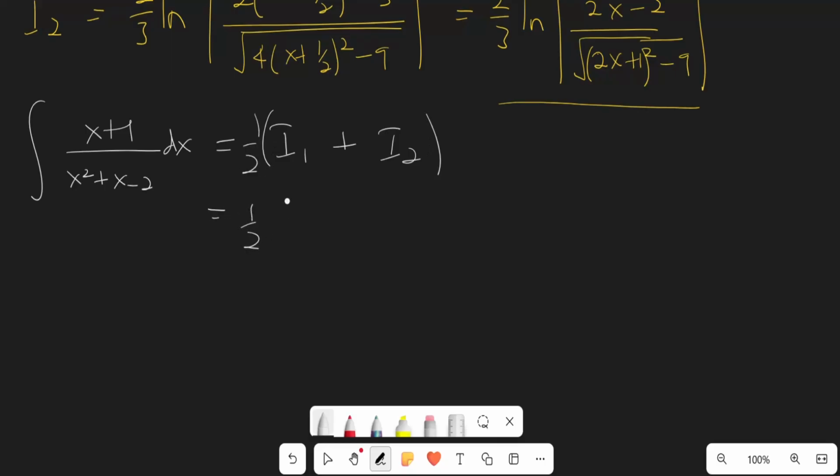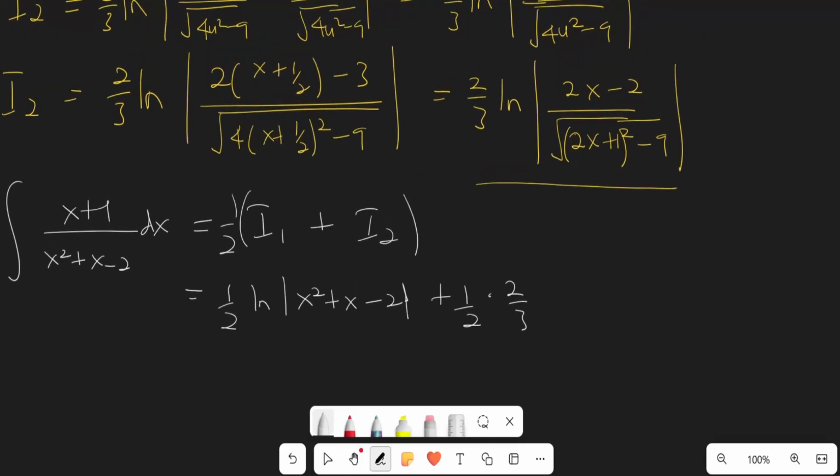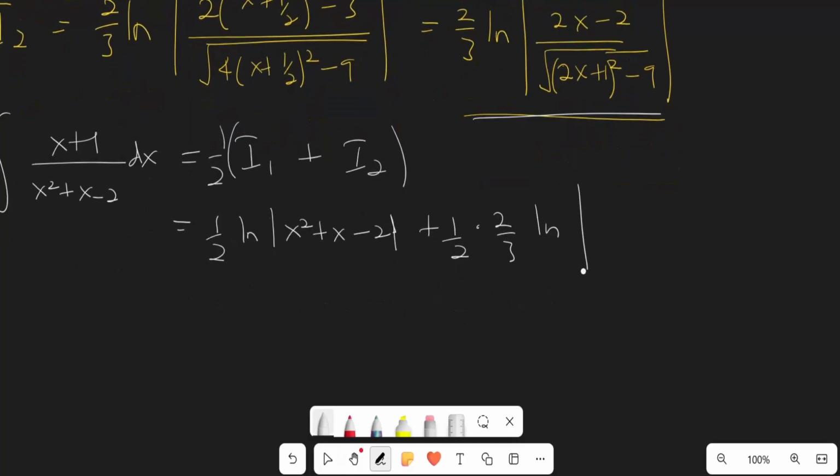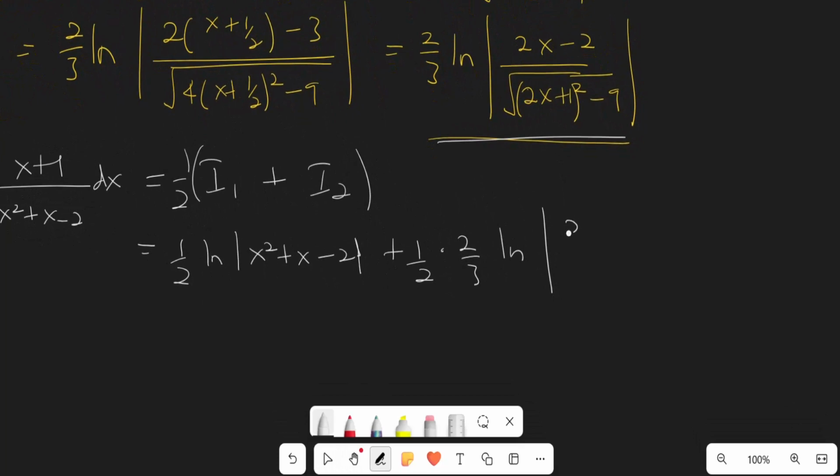So our integral is equal to half, the first integral being the natural log of x squared plus x minus 2, plus half multiplied by 2/3 of the integral of I2, which is the natural logarithm of 2x minus 2 all over the square root of 2x plus 1 squared minus 9.